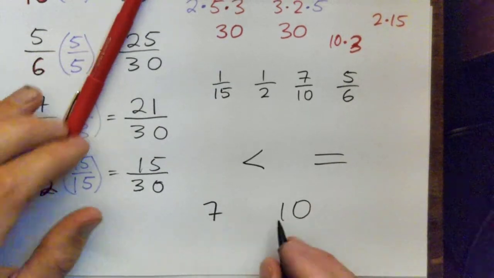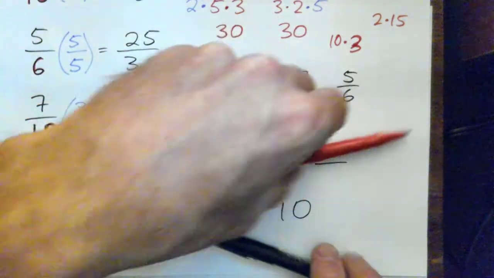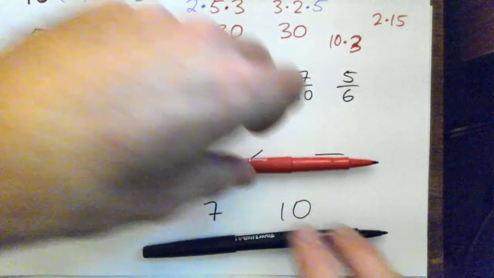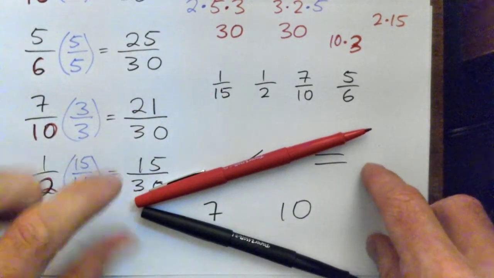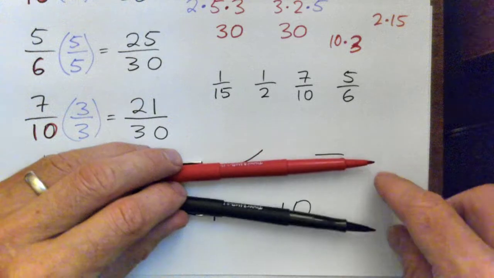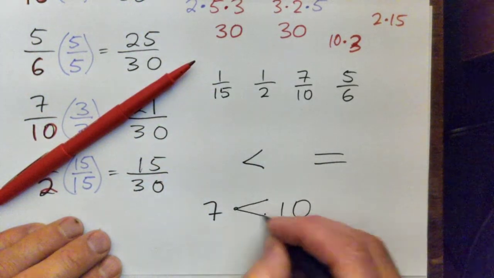You can't say they're equal because 7 is not equal to 10, but you can say it's less than it. So you take the two parallel lines for the equal sign, and you make a point here and a gap here. The point is beside the smaller number because the point is smaller than the gap. So point here, gap here. Anyway, that's less than.